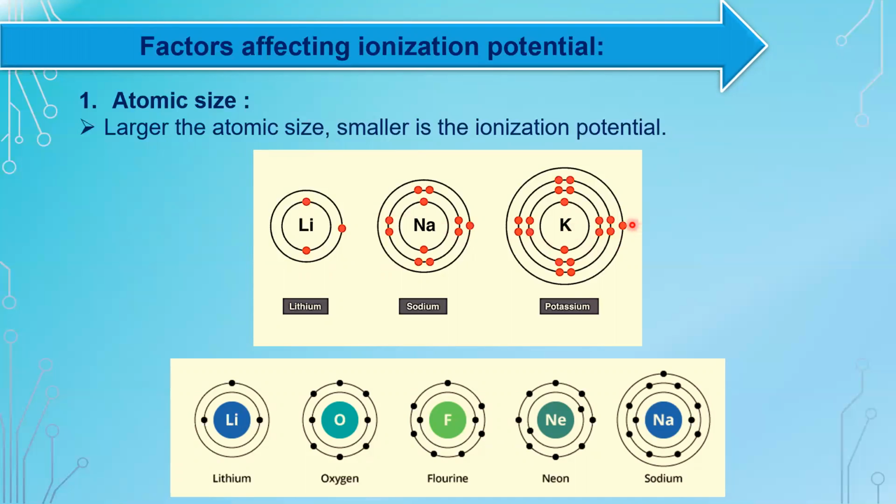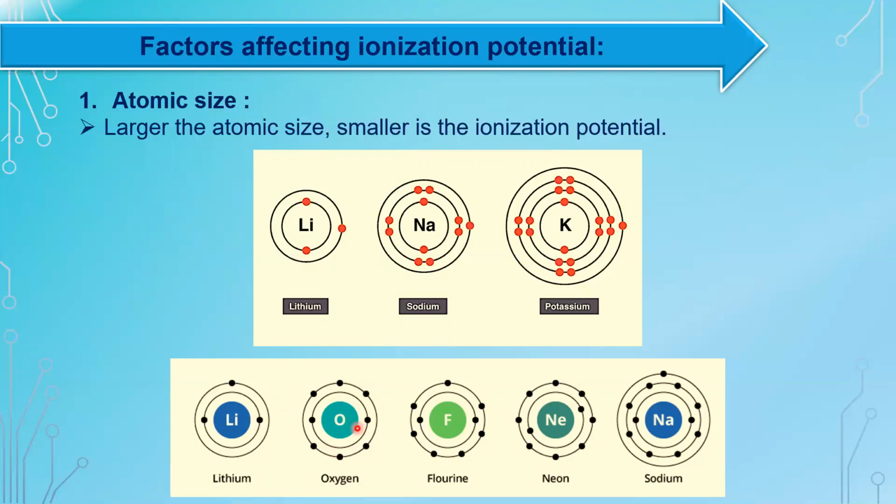Hence, it is easy to remove the outermost shell electrons. As the distance increases, it becomes very easy. So larger the atomic size, smaller is the ionization potential, because it becomes very easy to remove. Hence, less energy is utilized to remove the outermost shell electron.